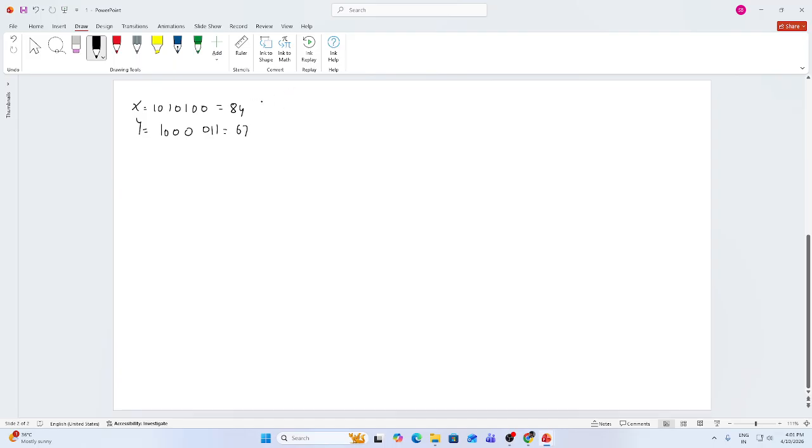Now, for example, I'll do x minus y. My intention is to compare x and y. Here you know that 84 is obviously greater than 67, but how to know this?